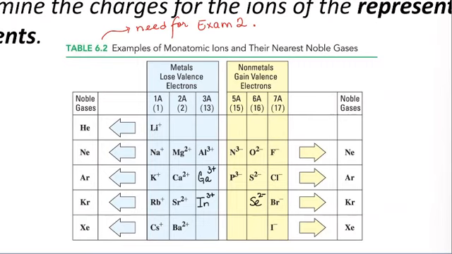So when we look at the protons and the electrons of sodium versus neon, they are going to be their own, because we're talking about the atom. As I mentioned a few moments ago, when sodium loses its valence electron, all of a sudden it doesn't become neon. Sodium is sodium. Sodium ion is sodium ion. Now, it has something in common with neon, and that is its electron configuration.